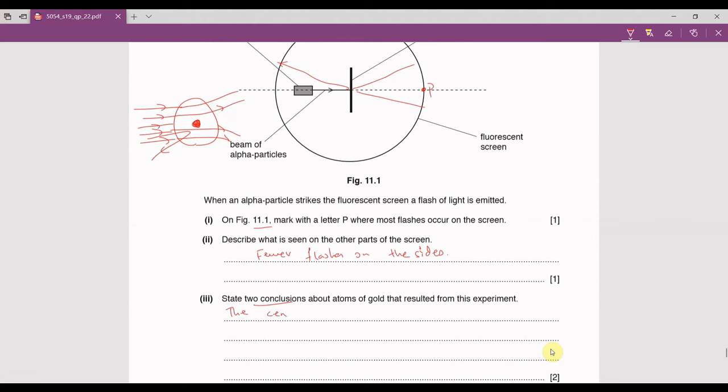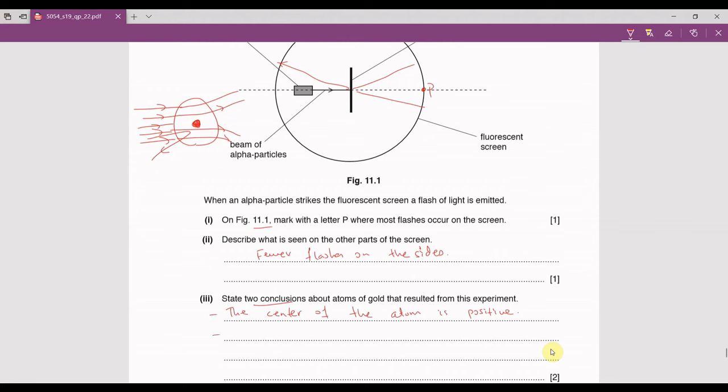So the center of the atom is positive. That was the first conclusion, because there is no other way the particles would have been deflected rather than passing straight through.